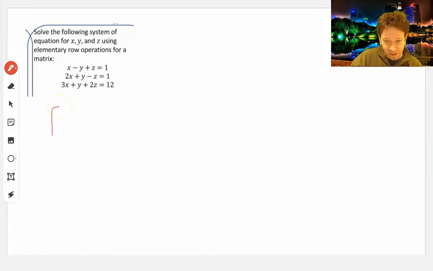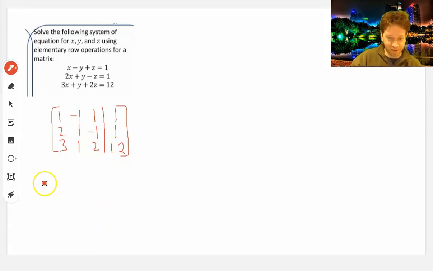So I'm going to set up my matrix right here below it. So our square brackets and our equal sign. Then we write our coefficients. So 1, -1, 1, and 1. Next one, so 2, 1, -1, and 1. And lastly, 3, 1, 2, and 12. So there's our matrix.